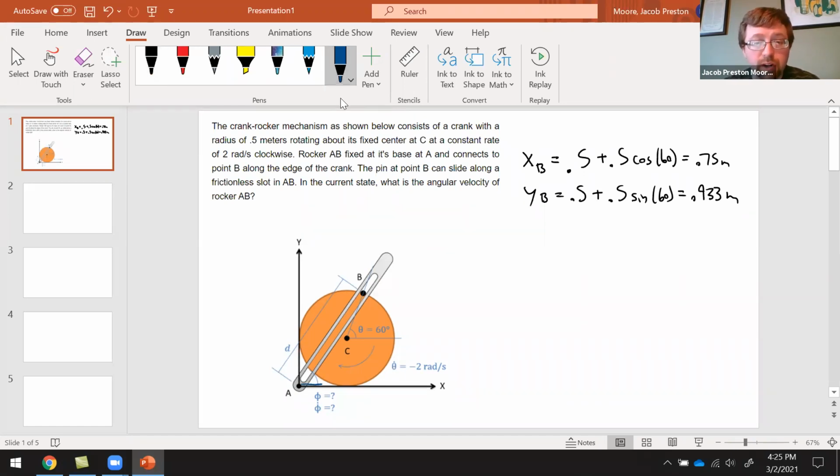So I can draw a big right triangle now. This leg here is 0.75. This vertical leg is 0.933.